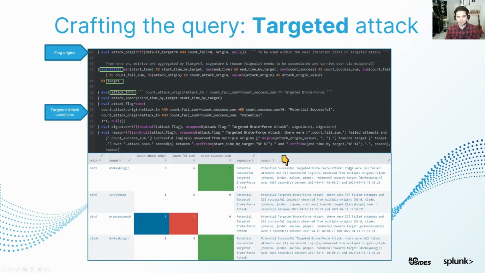In the output, again the same. You see bird origin 3 times here, targeting multiple accounts, right? And you can see in the reason field and also in the signature field when there is a successful attack or not, right?